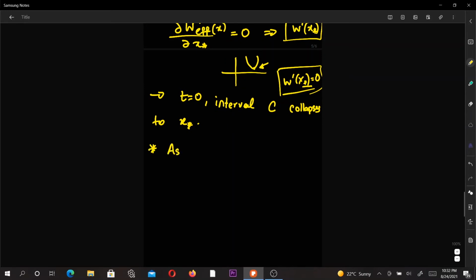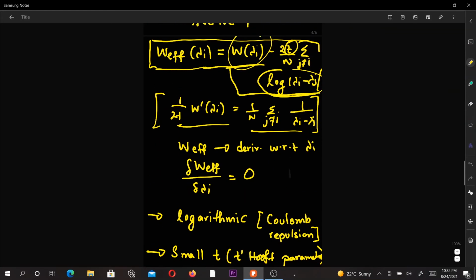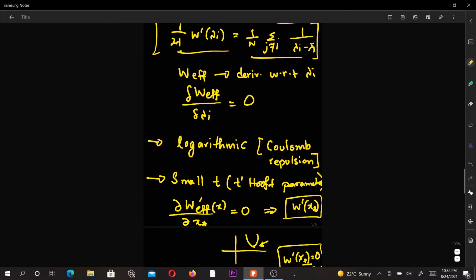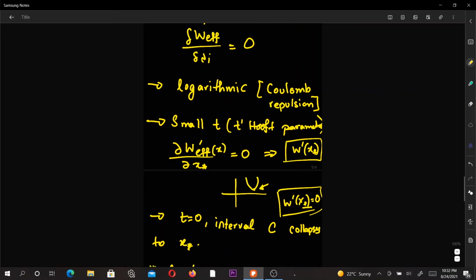So as t grows, that is, as you make t bigger, the Coulomb repulsion term will get stronger than our potential term, and it will repel eigenvalues to be apart from each other and to spread over an interval.